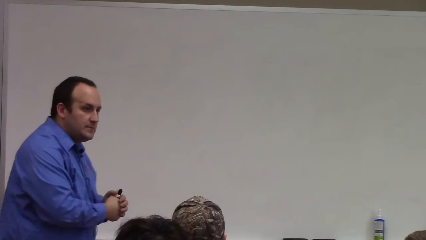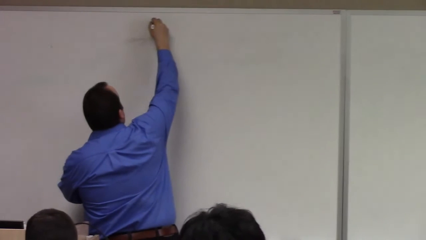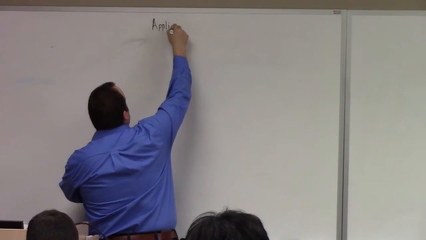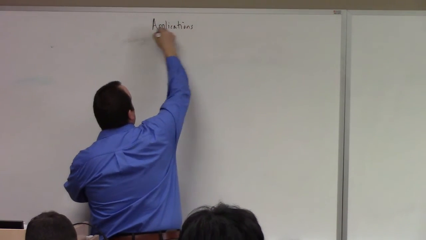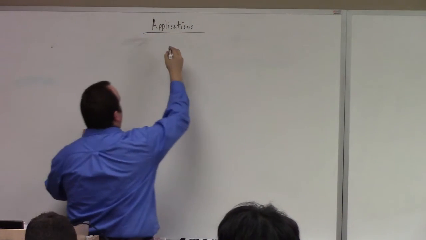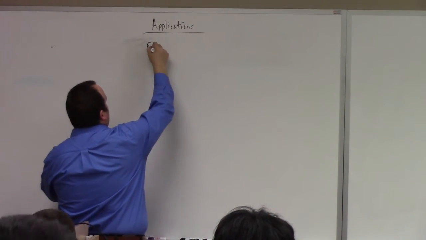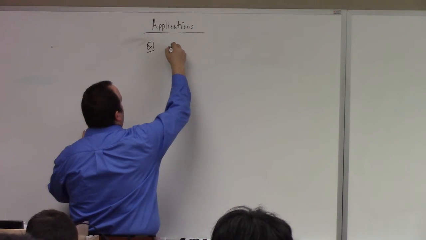All right, so I want to talk about applications for the rest of the time. Of course, we'll still be solving differential equations, but one of the fundamental ones is population growth, right?